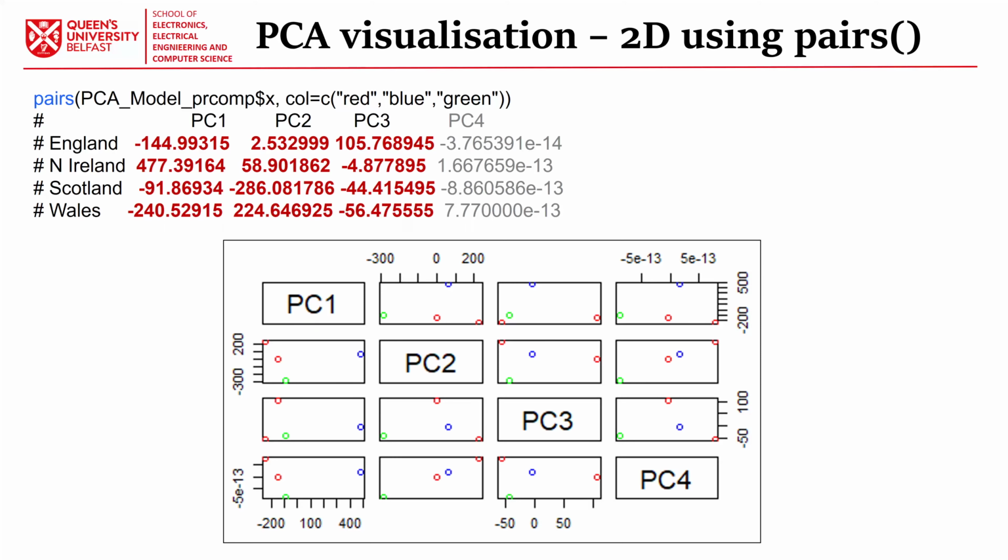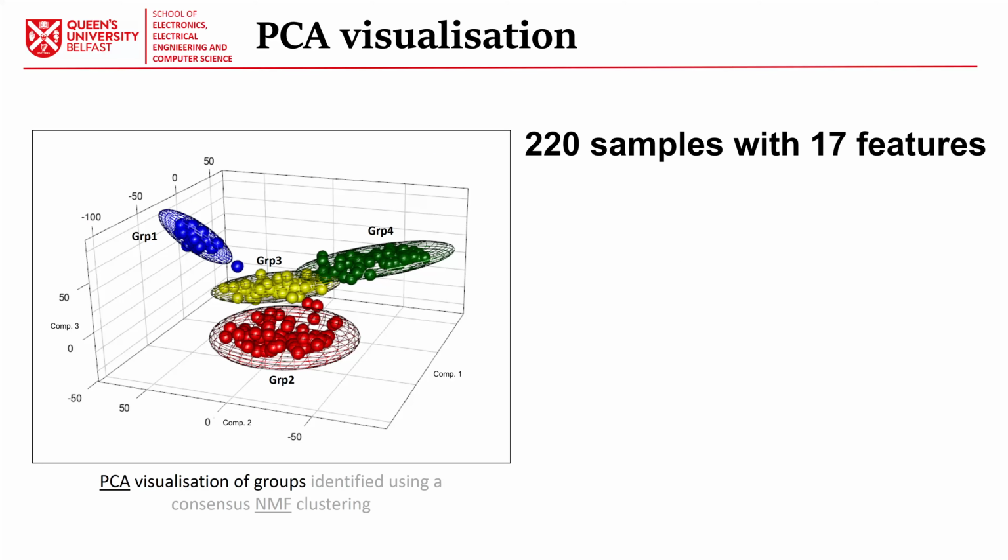Okay. If you remember, 220 is my favorite visualization. 220 samples with 17 features, and as you can see, these are samples from 4 subgroups. The coloring is based on the subgroup of each sample I had.